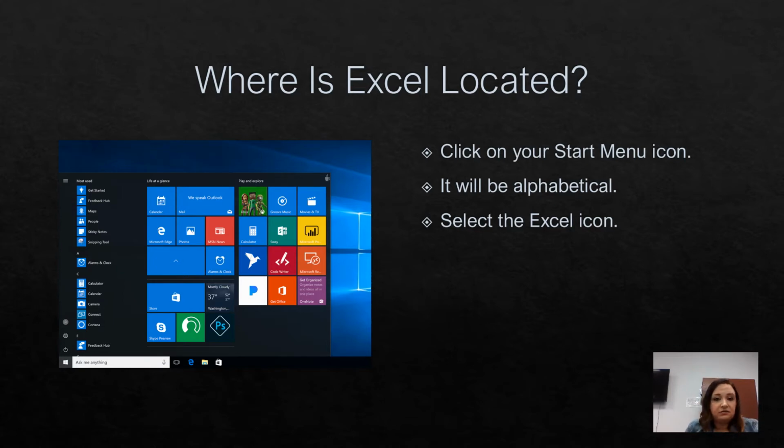It's alphabetical. So if you are using Windows 10, you're going to be looking for E for Excel. If you're using Windows 7, then you're looking for M for Microsoft, and it'll be under Microsoft Excel. You'll left click on that with your mouse, and it will take you to the screen by which to get to a new spreadsheet.